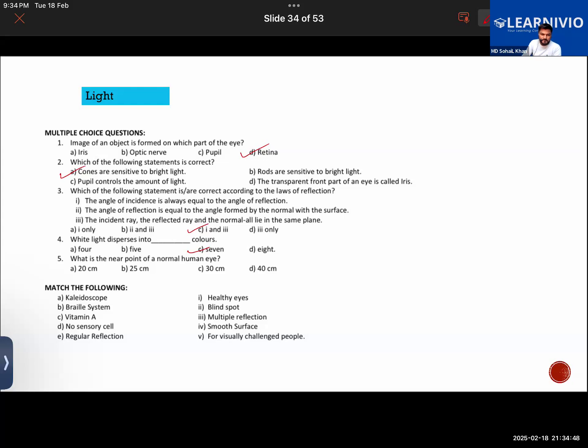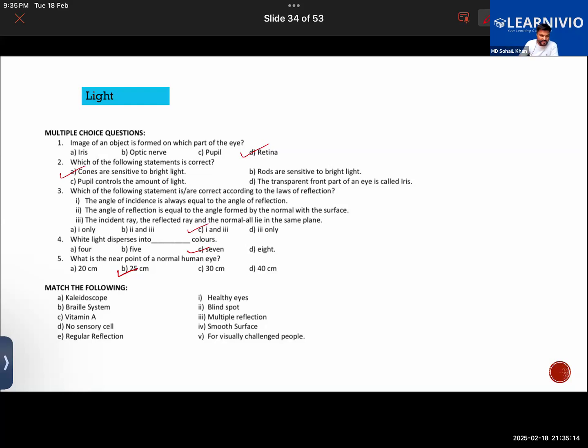No. 25 centimeter. Okay. So near point of the normal, healthy human eye is how far an object should be placed in front of the eye so that you get a distinct, sharp view of that object. That is what the near point is, and far point is infinity.